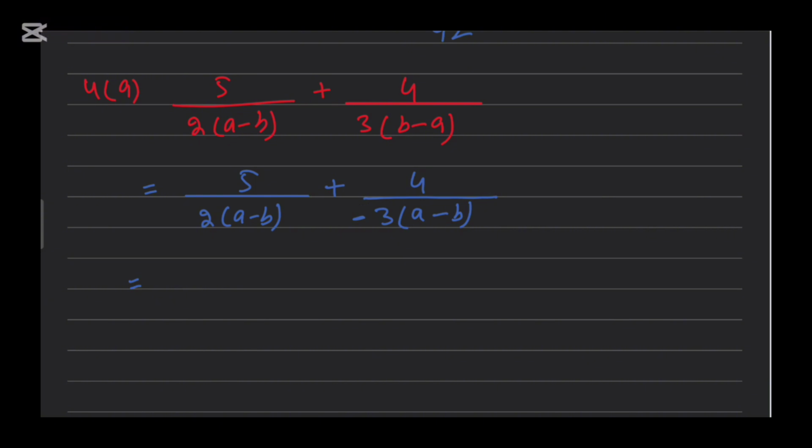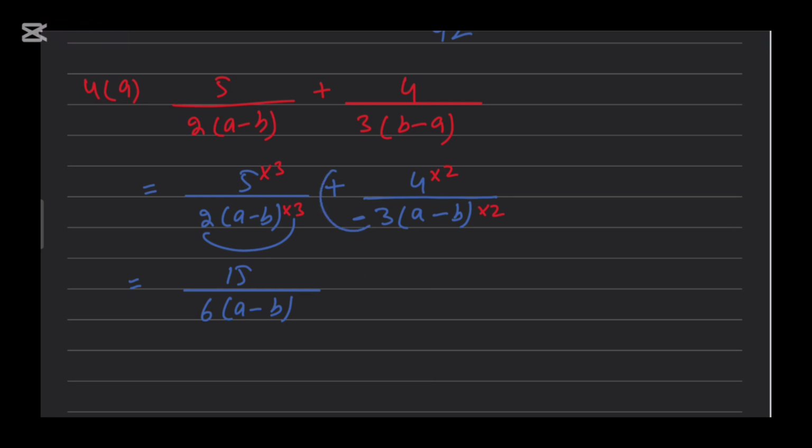So what you will do now, 5 will be multiplied with 3, and this will also be multiplied with 3. 4 will be multiplied with 2, and this will also be multiplied with 2. So your next step will be 15 over 6 into a minus b, which will remain as it is. 3 and 2 will be multiplied.